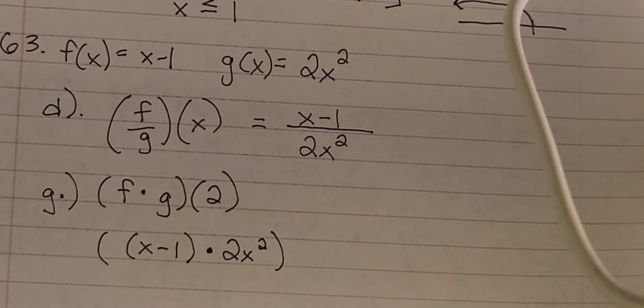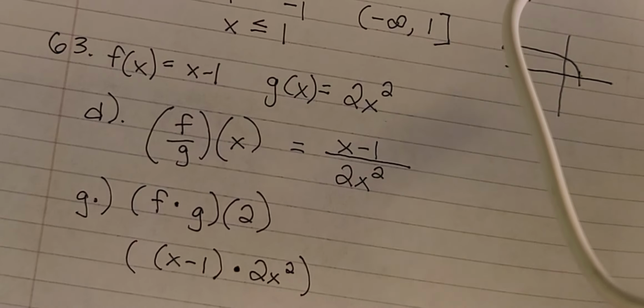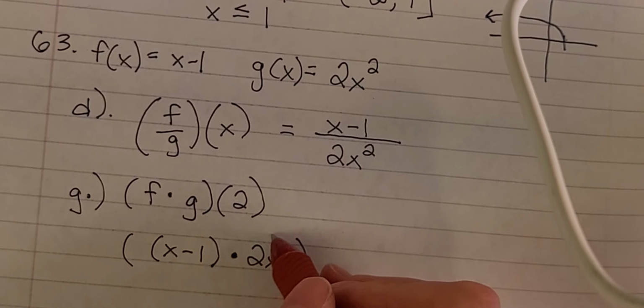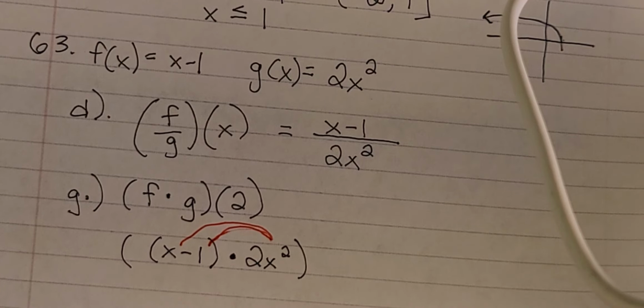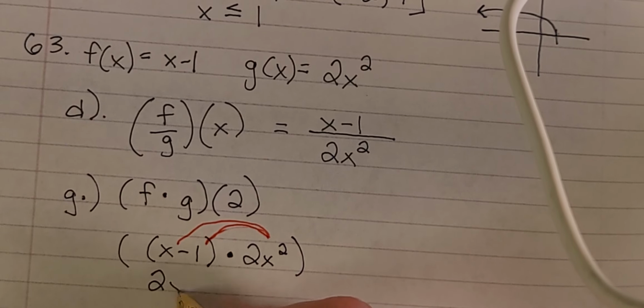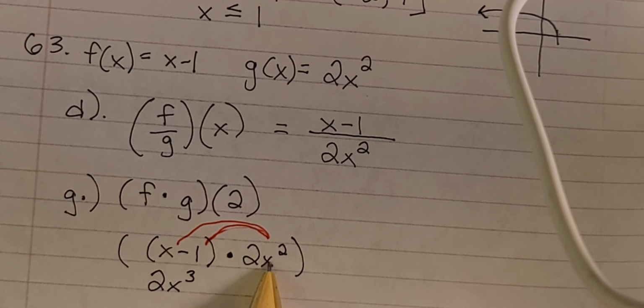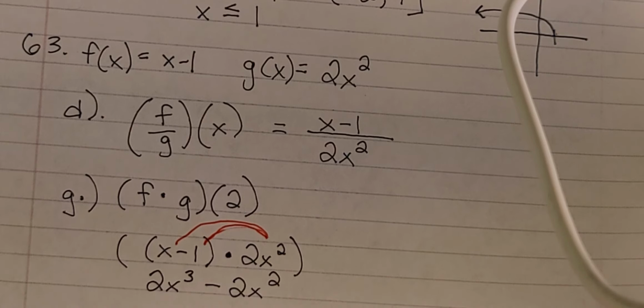And then what you're going to do is you're going to go through and do the distributive property. So you're going to distribute here, and then you'll distribute over here. So 2x squared times x, 2x to the third, 2x squared times -1, -2x squared.